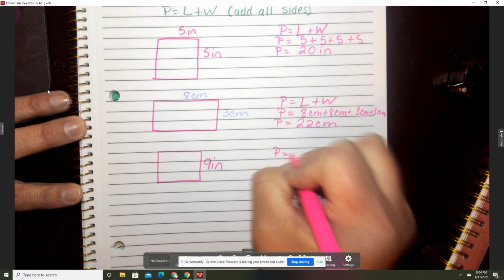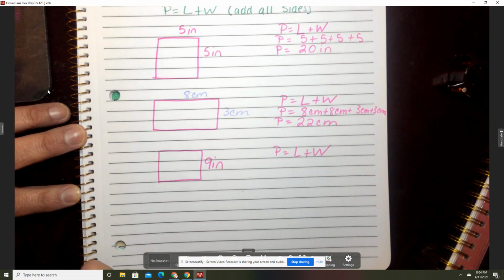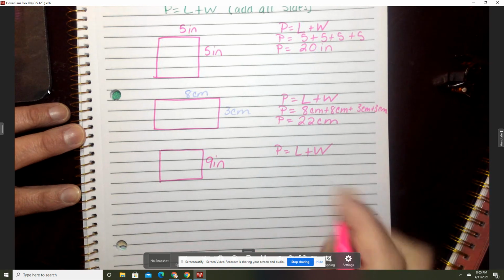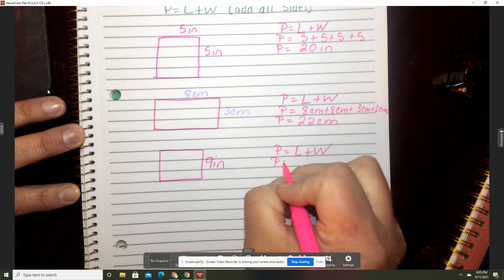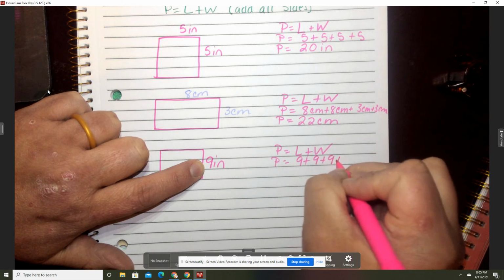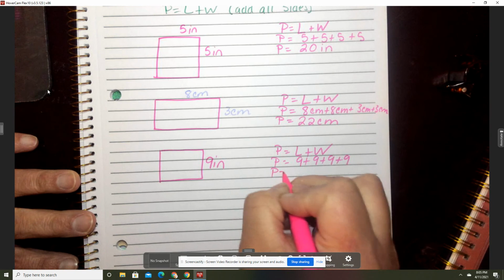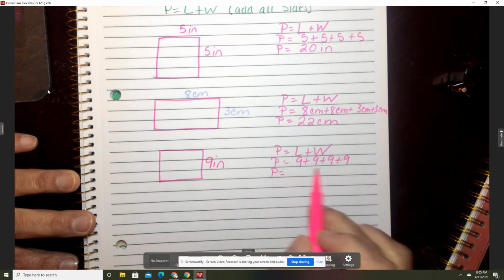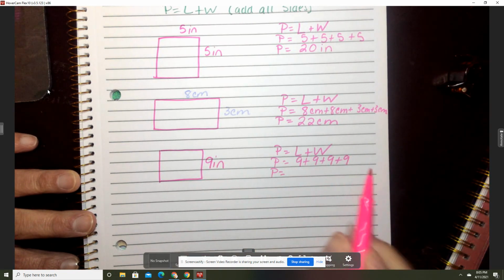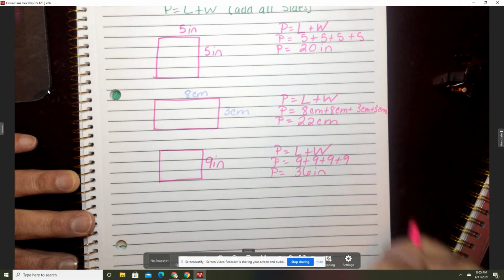Actually, we'll do 2 more. All right, so I put my first line of my formula. Now I'm going to put the second, which is 9 plus 9 plus 9 plus 9. And then the third line, I'm going to add up 9 plus 9 plus 9 plus 9, and that's going to be 36 inches.